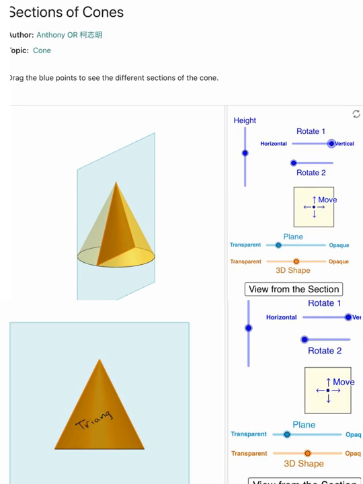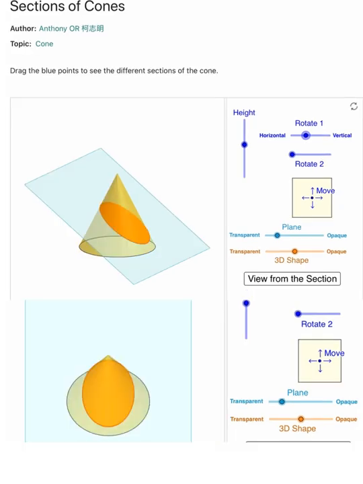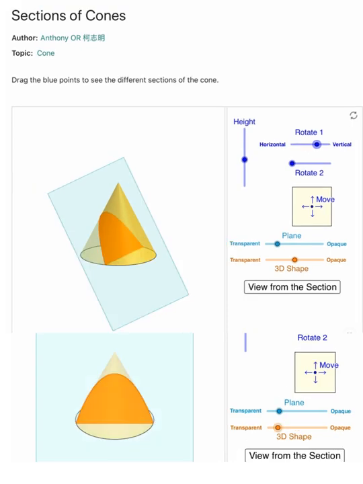I went completely vertical. In this slide, you can see that my cross section is an ellipse. In this slide, you can see that my cross section is a parabola. So that's it for cones.